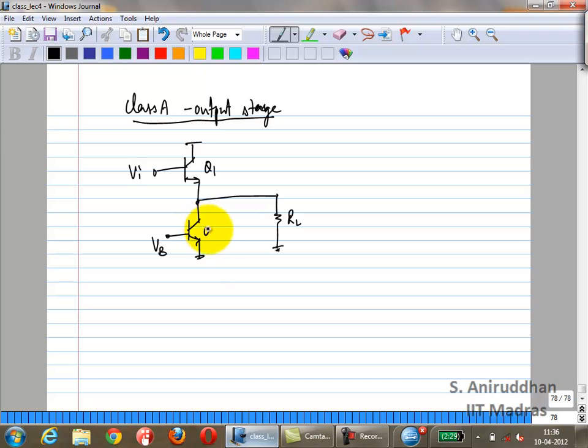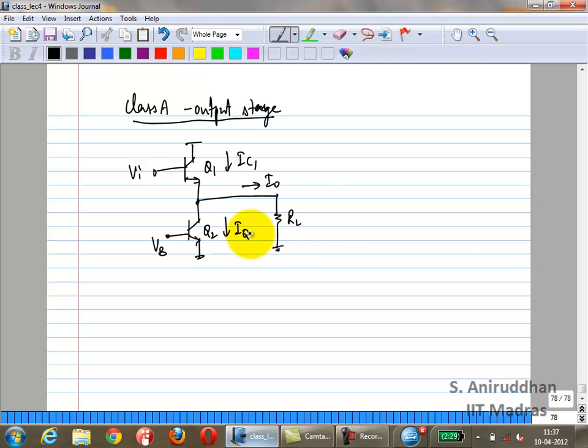So let's say you have Q1 and Q2, and let's say this current was IC1, this current is I0. The bottom transistor Q2 is just a current source. So let us say the current through that is IQ, which is the bias current.